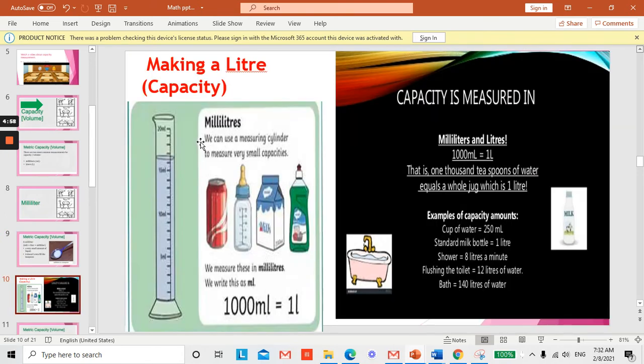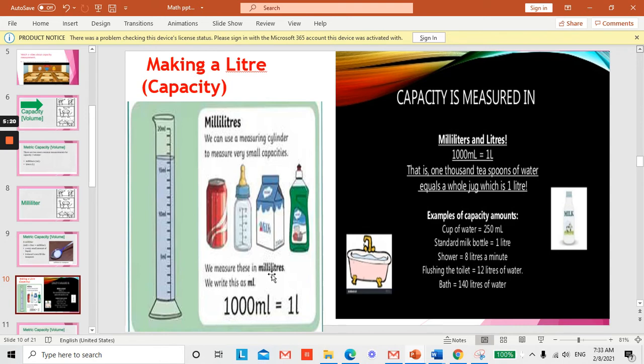For milliliters, we can use a measuring cylinder to measure very small capacity. This is a Coca-Cola can. We have a baby bottle, a box of milk, and also a bottle of detergent.